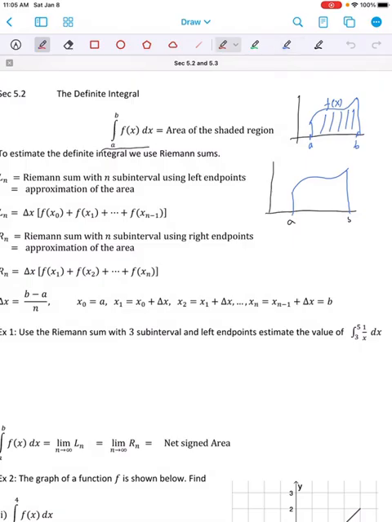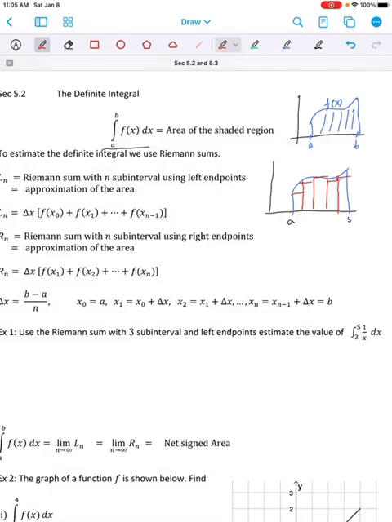So what did we do? We divided the interval AB on the x-axis into subintervals. How many subintervals? Well, that depends on the problem, but normally we say n subintervals. So let's say you have these subintervals and you use the left endpoints, so you will be using the height of the rectangle from the left.